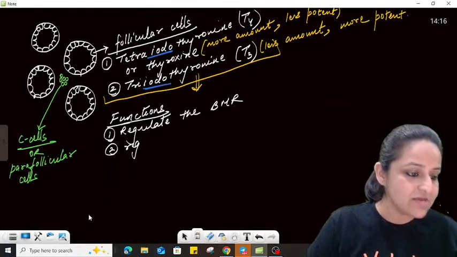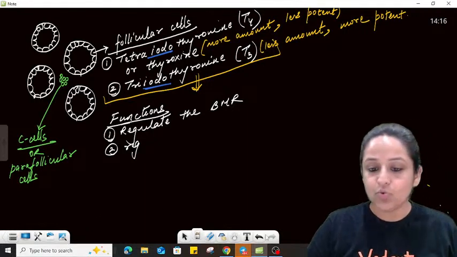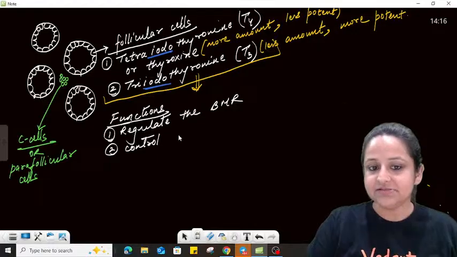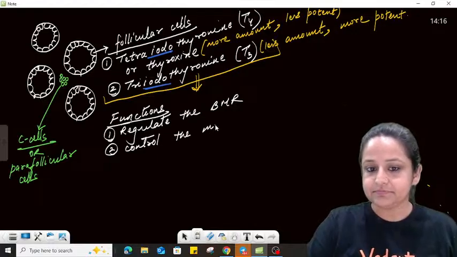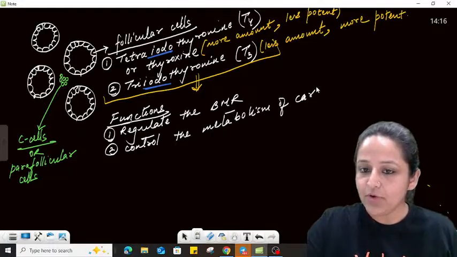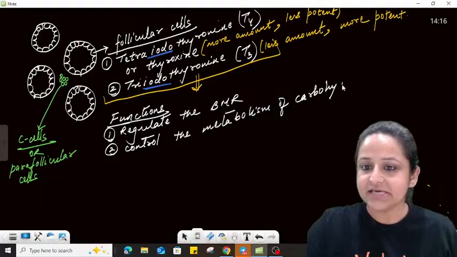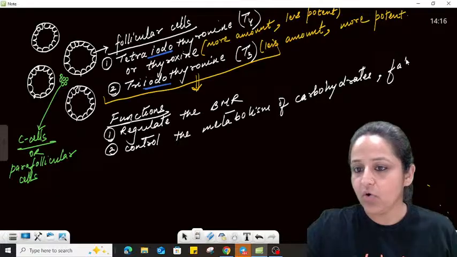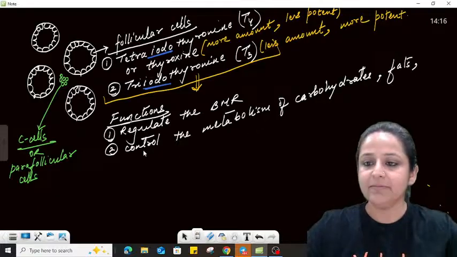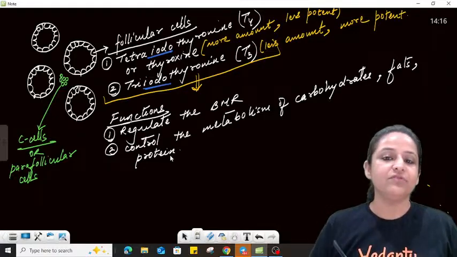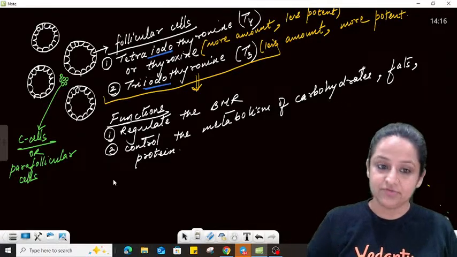We can say that they control the metabolism of carbohydrates, or we can say they control the metabolism of fats, or the metabolism of proteins. So this way they control the BMR of the body, the basal metabolic rate of the body.